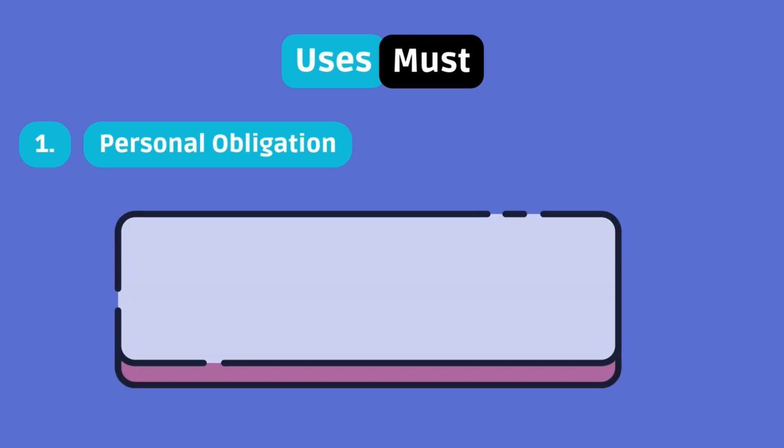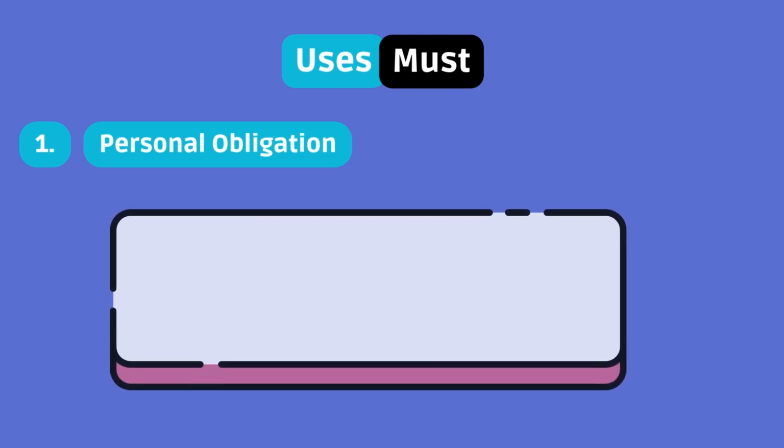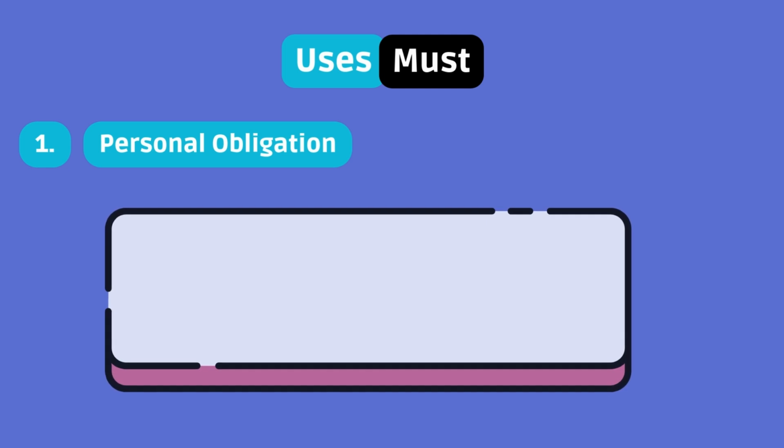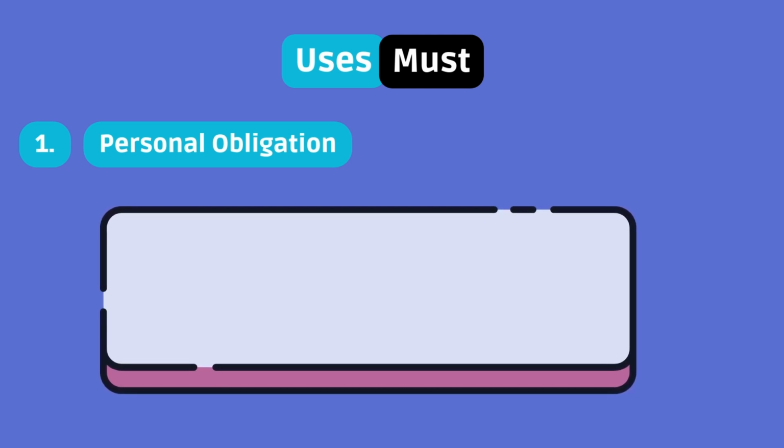Uses. First, let's look at must. It's usually used to express an obligation, but it holds a wide range of meanings. Here's a breakdown. Personal obligation. Must generally conveys a strong personal sense of obligation. This is the most common way it's used.